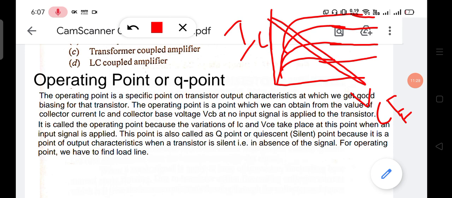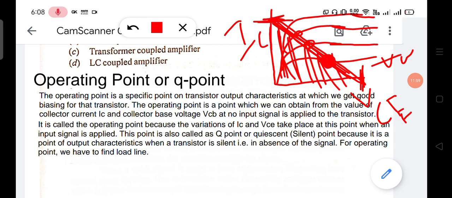The line connecting the saturation of IC and the saturation of VCE, meaning the maximum of IC and maximum of VCE, is called the load line. That load line intersects the output characteristic at a point, and that point is called the operating point, for a given VCE. This region is called the active region.